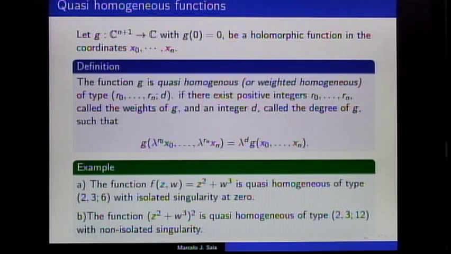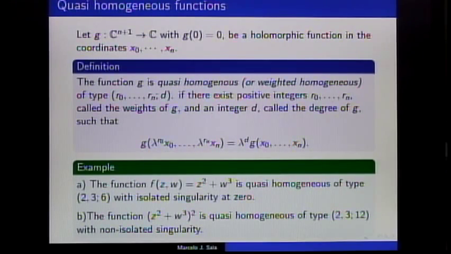You have to change it, sorry. And this is also quasi-homogeneous of the same type, 3, 2. It's wrong here also. But this one does not have an isolated singularity because it's a non-reduced quasi-homogeneous function. But quasi-homogeneity is not a condition for having an isolated singularity or not.